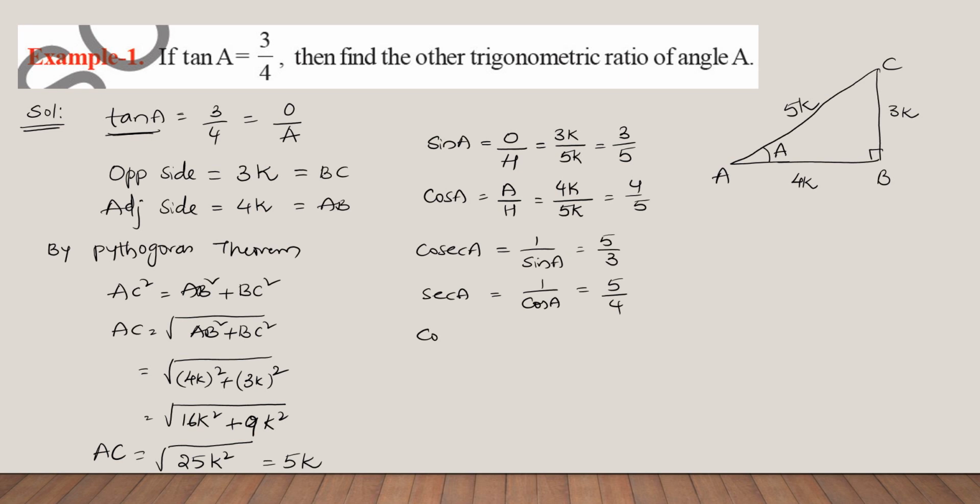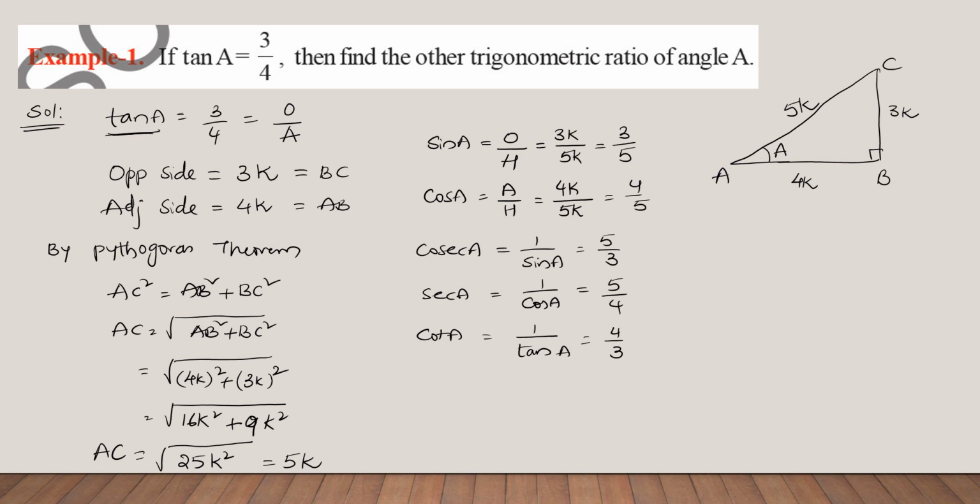Next, cot A is the reciprocal of tan A. So 1 by tan A, where tan A is 3 by 4, gives me 4 by 3. So using the ratios, we have found the values of all six trigonometric ratios.